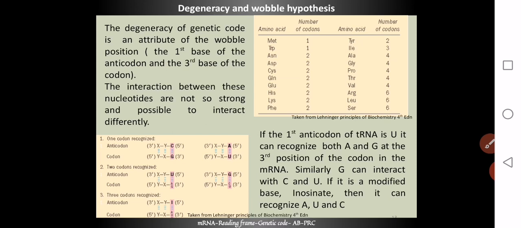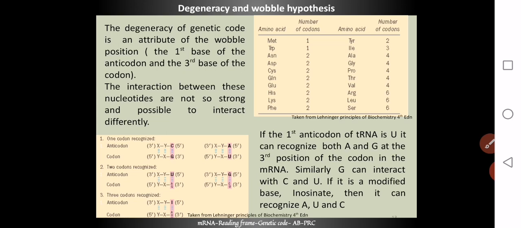So if the wobble position in the tRNA is uracil, then it can recognize adenine and guanine at the third position of the codon.